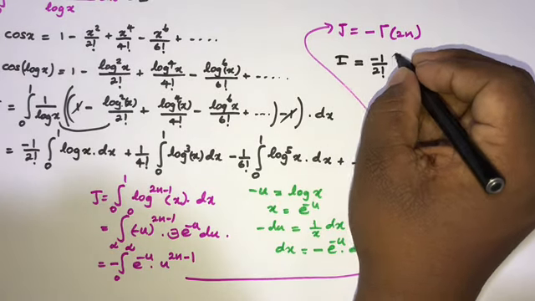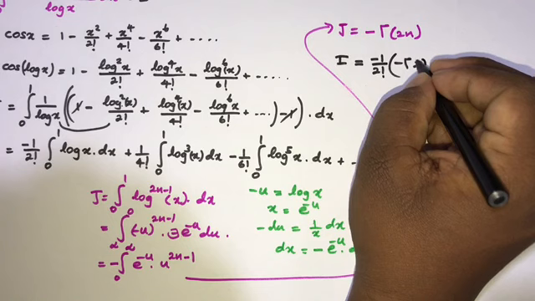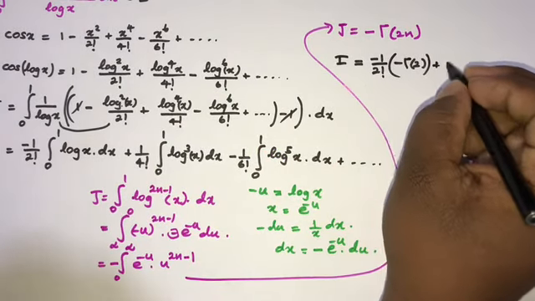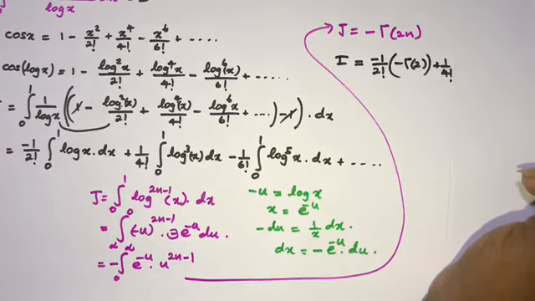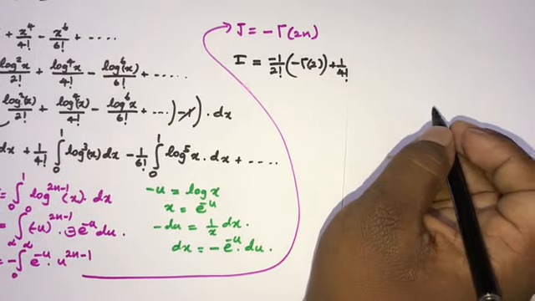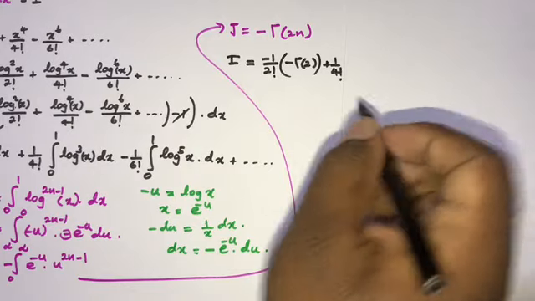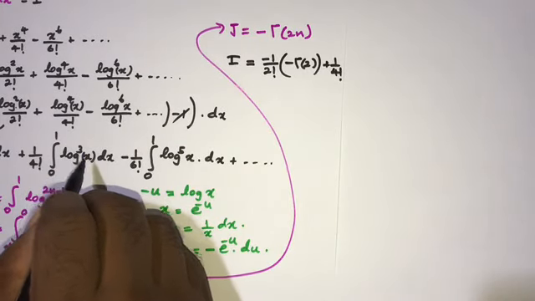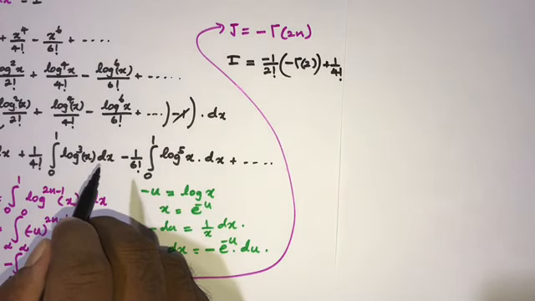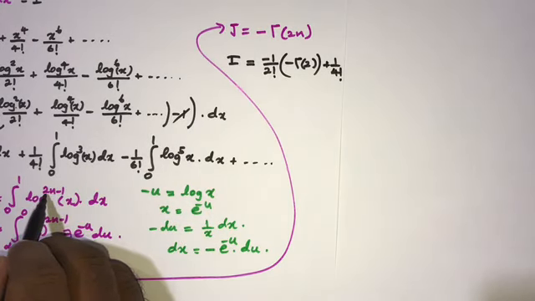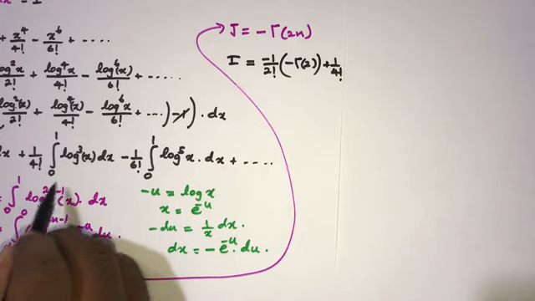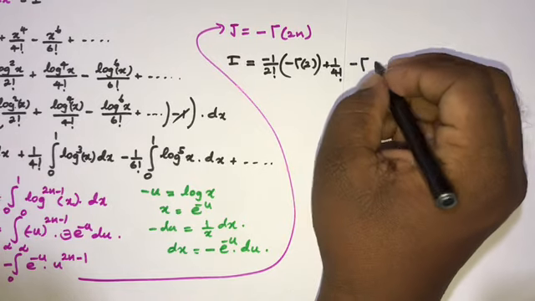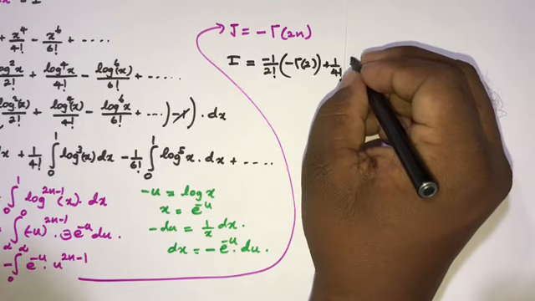Then for the next integral we have plus 1 over 4 factorial times the integral from 0 to 1 of natural log cubed. When n is equal to 2, 4 minus 1 is 3, so the answer is minus gamma of 4.